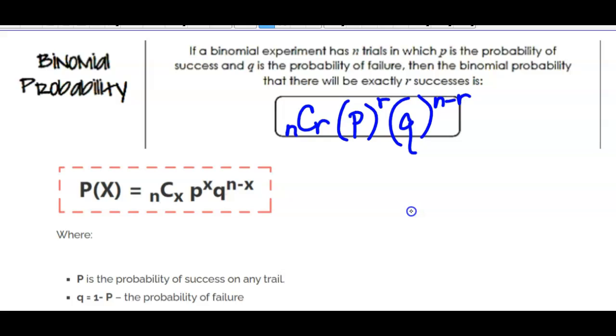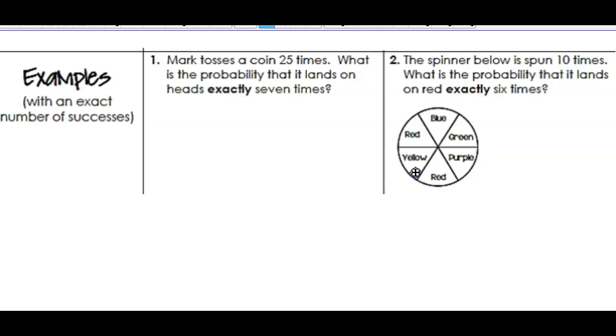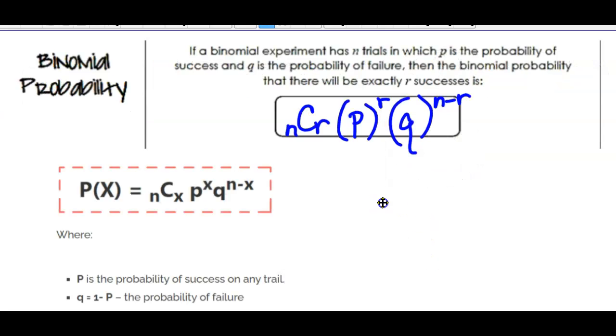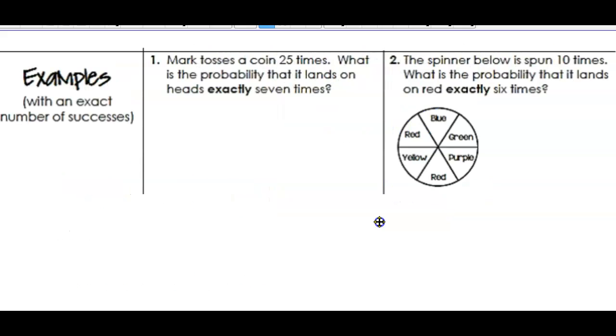How many different ways can I pick a card, and what's the chance of success times the chance of failure? But our calculator is going to do all this nastiness for us. We are going to use on our calculator what's called binomPDF. And I'll show you where that is.